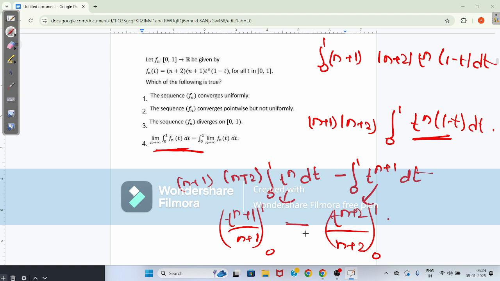Now n plus 1 into n plus 2 into 1 by n plus 1 minus 1 by n plus 2.